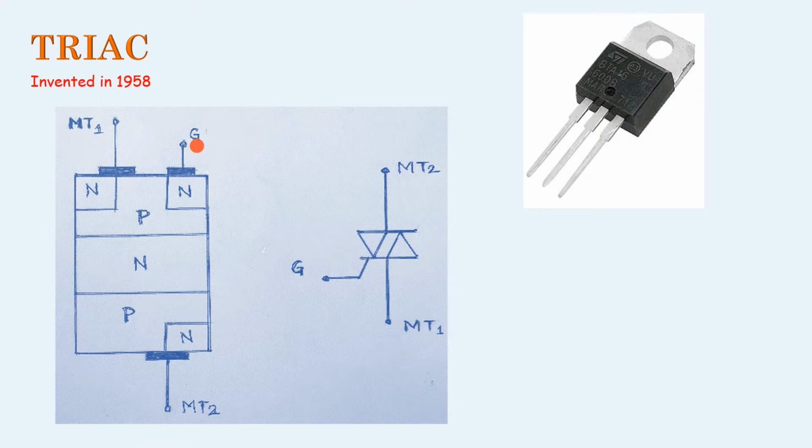Now if MT1 is positive, then again there is a PN junction, and if a negative pulse is applied to this gate, then current flows in this direction. This conducts in both directions, and the gate has control on its firing voltage.